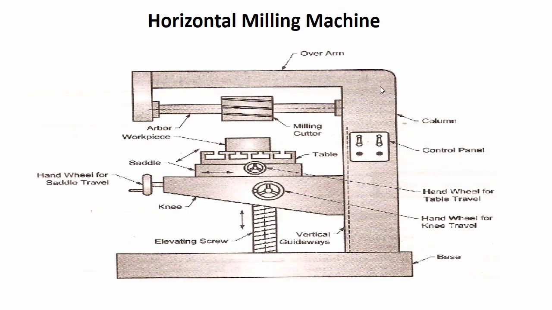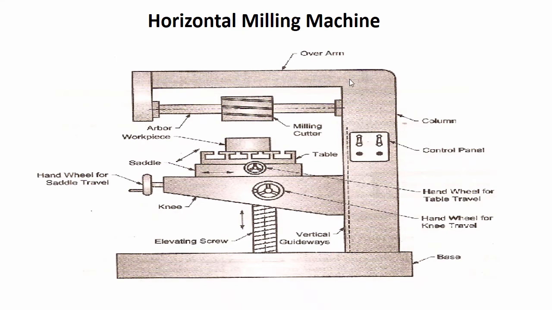The second component is the column. The column is the rigid component that houses the rotation of the arbor, or you can say spindle. It also facilitates the mounting of the knee on the column.